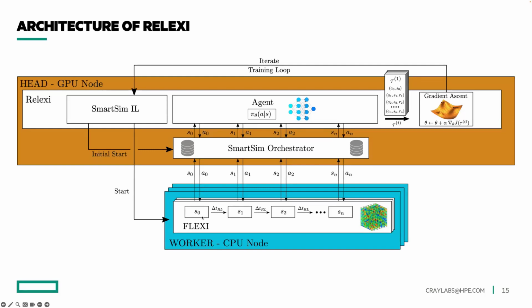The parameters will be used by the worker to predict the next step, and then the comparison between the real next step and the parameterized step will be the reward to the agent.